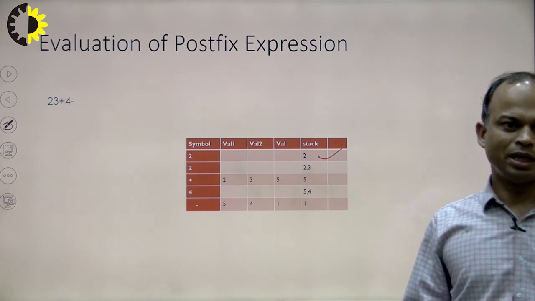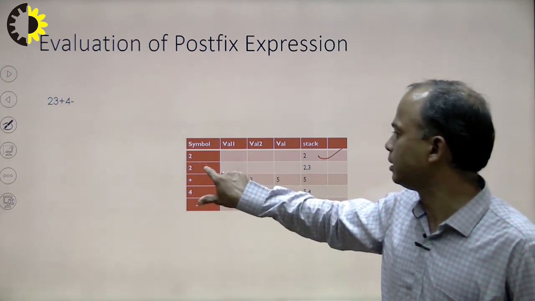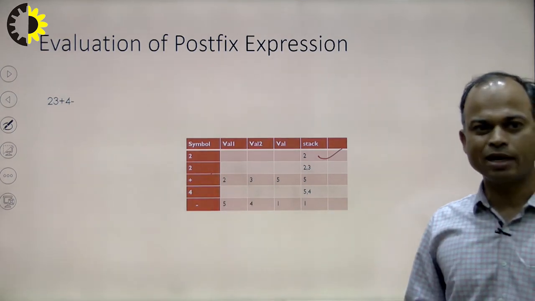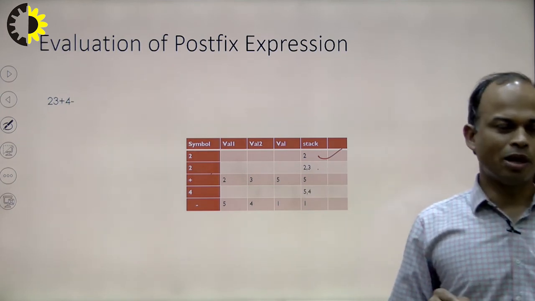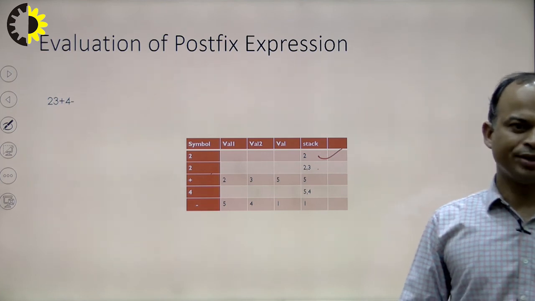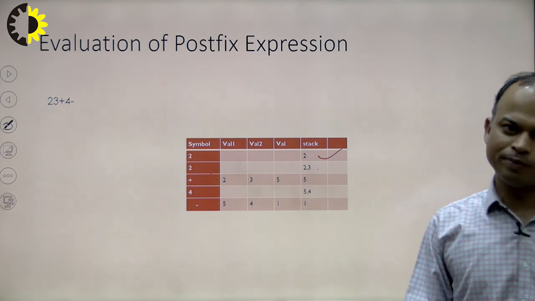After it, our next character is 3, and we push 3 onto the stack. We have 2, 3 on the stack. Now, our next character is plus, which is an operator. Therefore, two values are popped from the stack.